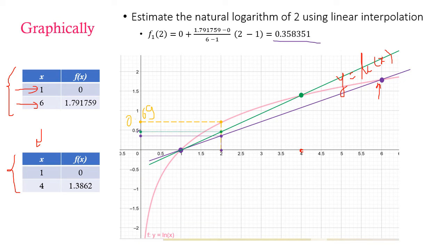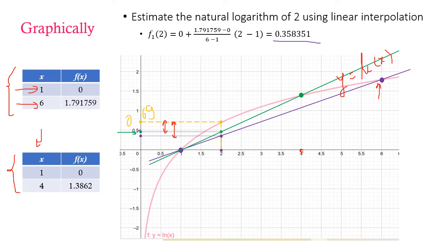From that green line we go to the y-axis and we get this value of the natural logarithm, and now you can see that the error has reduced. So this is the error associated with the green line, and this was the error associated with the purple line. So by reducing the interval, we can reduce the error in the estimation of the natural logarithm of a function.